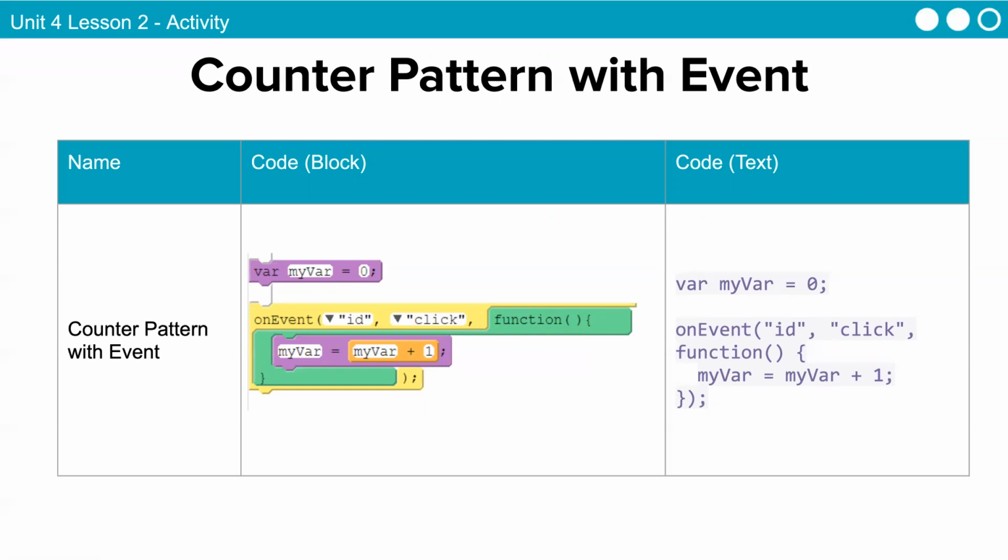Can you tell me what 2 things that's doing? Okay, if it said that, we're setting the my var to 0. What are we also doing when we add that?